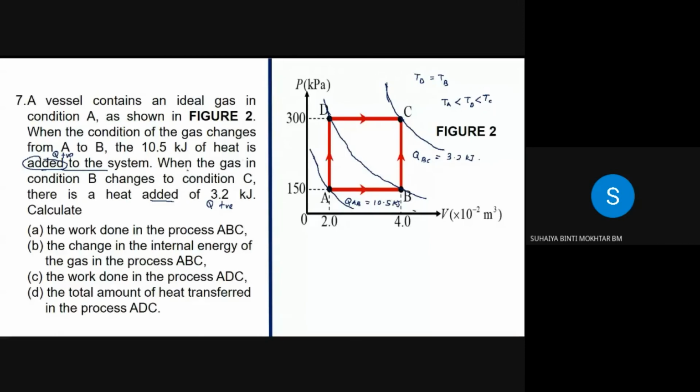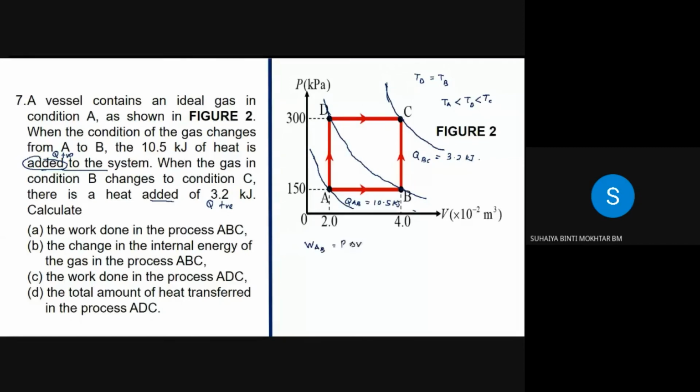Okay. Then A, calculate the work done in the process ABC. So work done, how to calculate work done? Here is isobaric. Okay. So work done for isobaric, AB equals to P delta V. Okay.